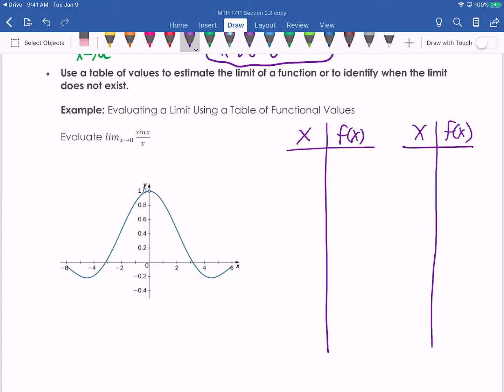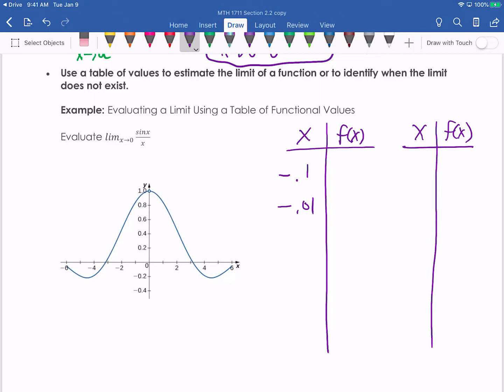All right, so in this question, we're going to evaluate the limit as x approaches 0 of the function sine x over x. Since we want to get values that are getting closer and closer to 0, I'm going to start off with negative 0.1. Then I want to get closer to 0, so I'm going to evaluate it at negative 0.01.